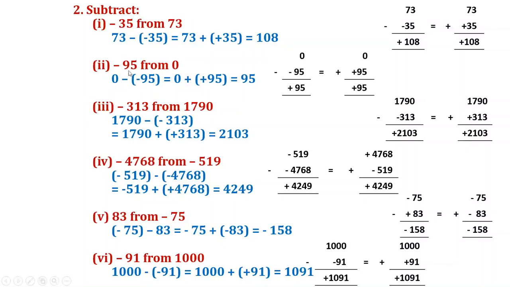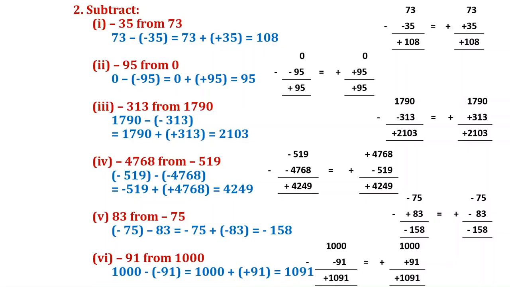So now go to the second problem, minus 95 from 0. What is the problem here? Subtract minus 95 from 0 means first you have to take the number 0 first. From 0 you have to subtract minus 95. So in between 0 and minus 95 put the minus sign which indicates the subtraction, and this minus 95 indicates the negative 95.